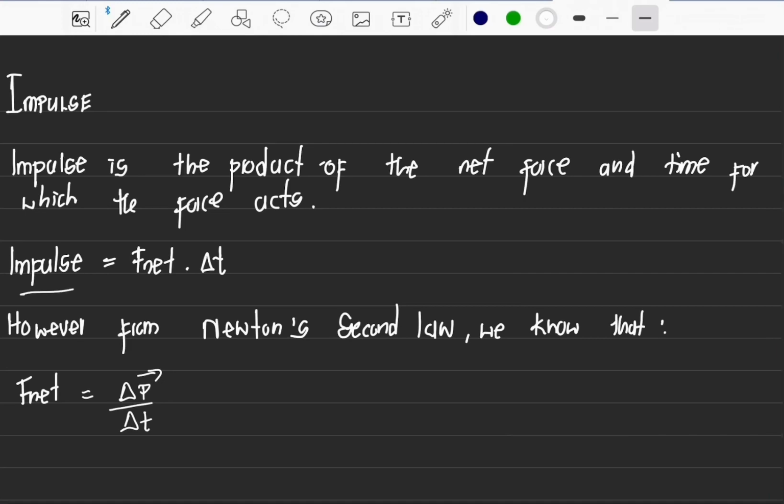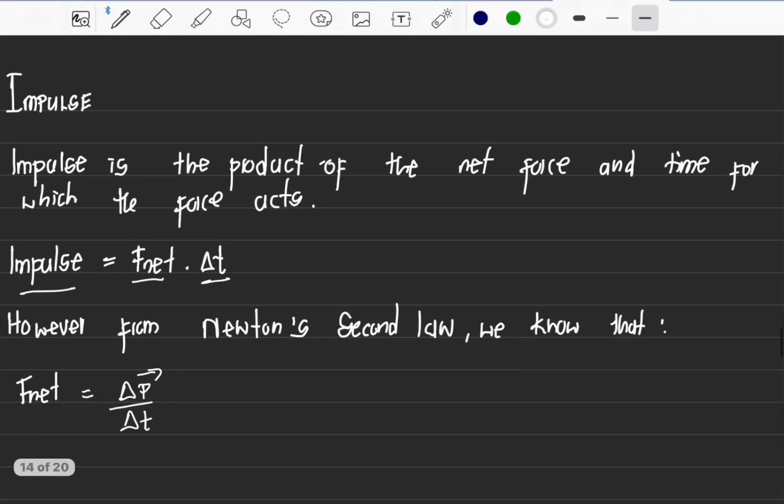So we have impulse here, which is equal to the net force multiplied by change in time. So that is the formula for impulse. When you formulate a definition from this formula, basically what you will say is that impulse is the product, because we multiply, so it's the product of the net force and the time at which this net force acts on an object.